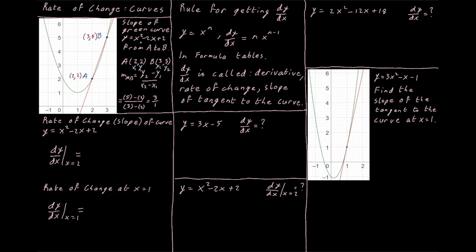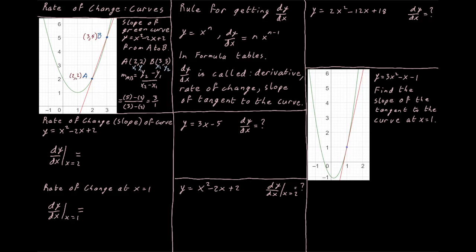So as a first attempt, I could get an idea of the slope between my 2 points A and B, between x is 2 and x is 3. I can see the slope between those 2 points is pretty close to the slope of the green curve. So I could use that as a first attempt at understanding the slope of my curves.